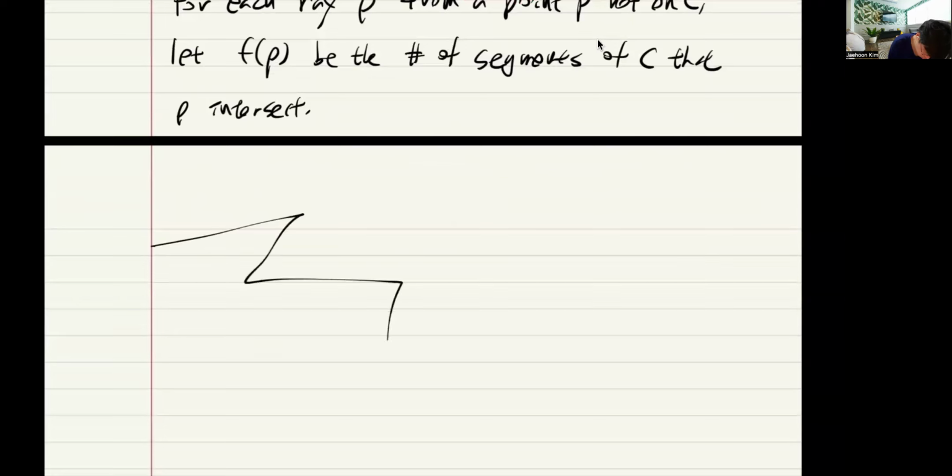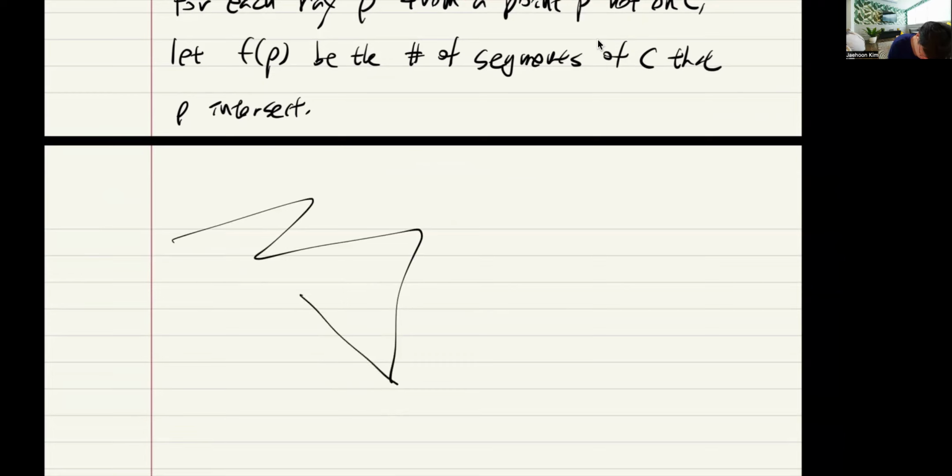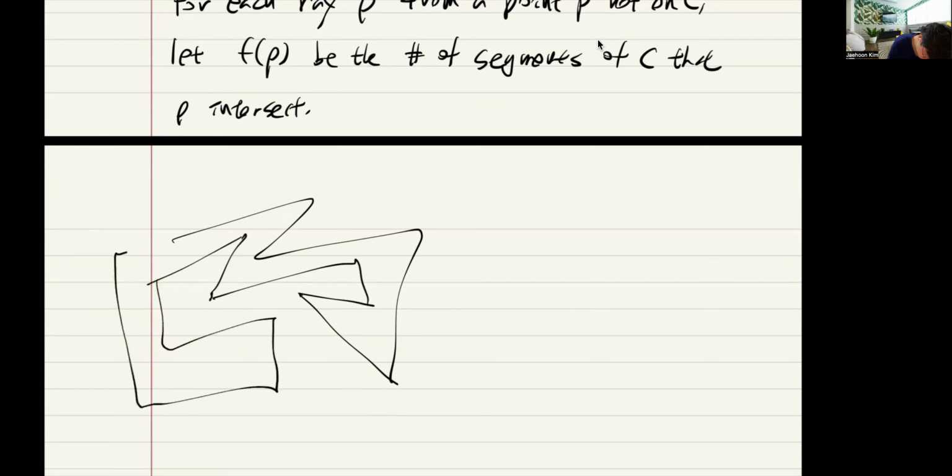So for example, if your C is this, and what you do is you take this P, and then say you have this ray rho, a half line that starts from here and then goes indefinitely.